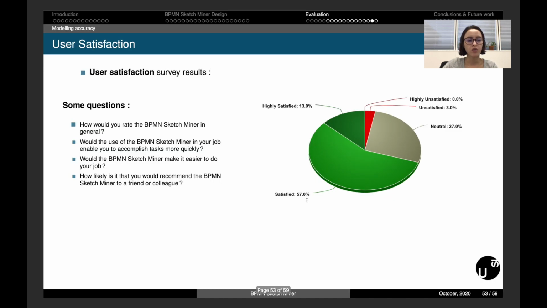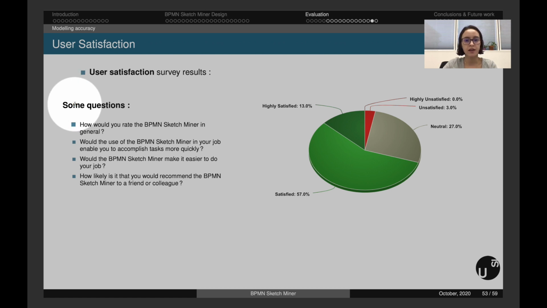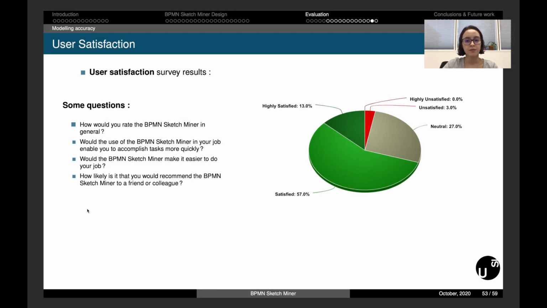We also had a user satisfaction study, where we had a dedicated survey with a set of questions. For example, we asked the respondents of the survey how much they would rate the BPMN Sketch Miner, and whether they would suggest BPMN Sketch Miner as a modeling tool to a friend or a colleague.